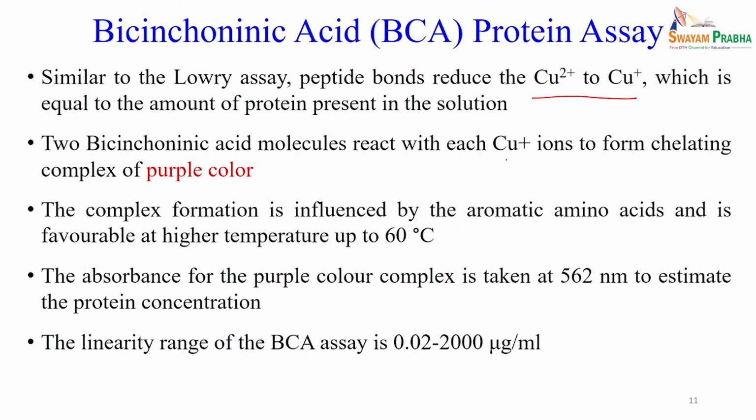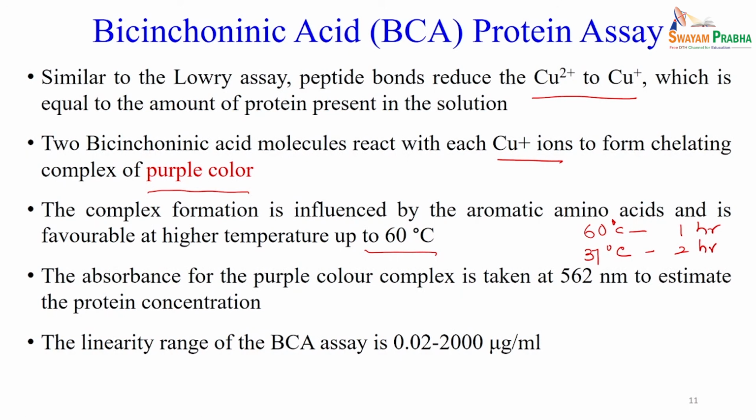Now, this copper + ion binds, or you can say chelates, with the BCA molecules, which results in the formation of purple color. And this complexation is favored at 60 degrees centigrade. So, typically we incubate at 60 degrees centigrade for, let us say, 1 hour, or if you are incubating at 37 degrees centigrade, we have to incubate for 2 hours.